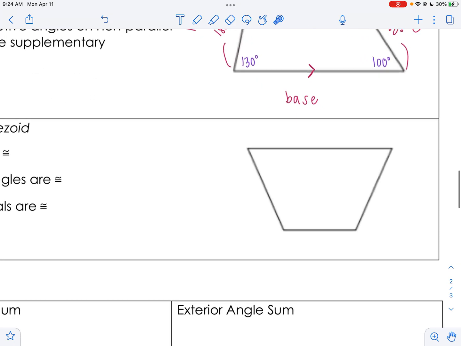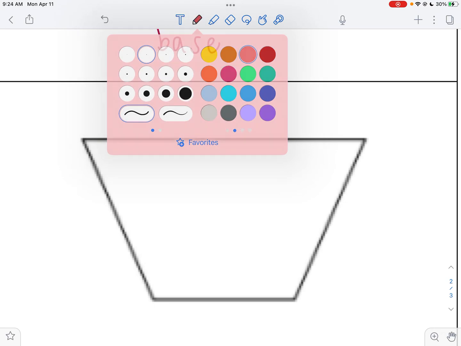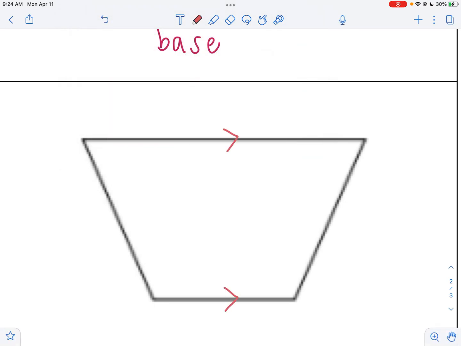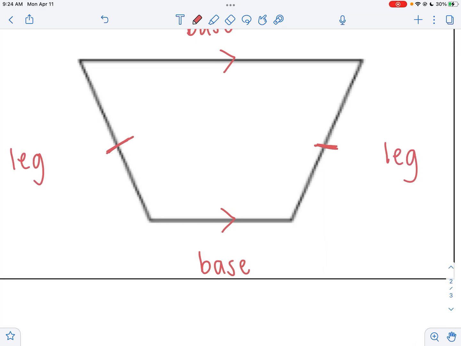Now, an isosceles trapezoid gets a little bit more specific. I still have my parallel sides, and I still call those the bases. But if it's isosceles, then the legs are congruent now.